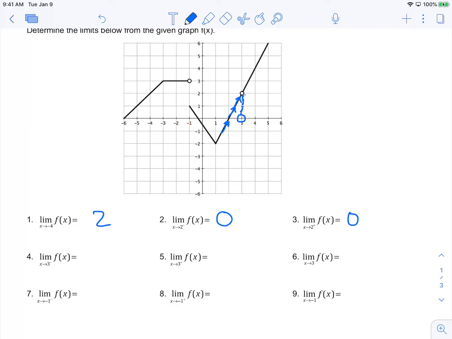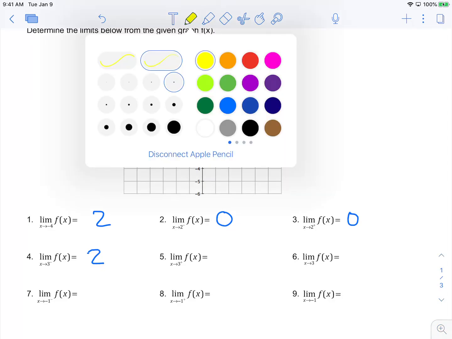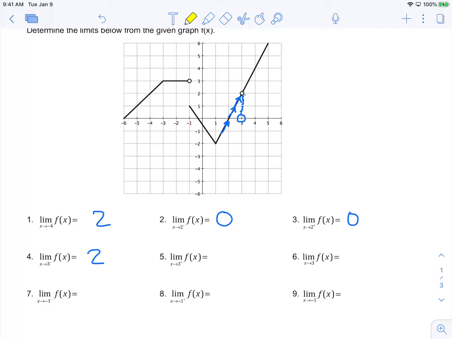Even though there's no point there, I'm getting close to that point, and that's good enough. And so we're going to say that since the y value there would be 2, that we're approaching 2. Okay? And now if I go from the right-hand side, so I'm coming from this direction, from the right side, I'm heading to the exact same point, which has the exact same value of y equals 2.